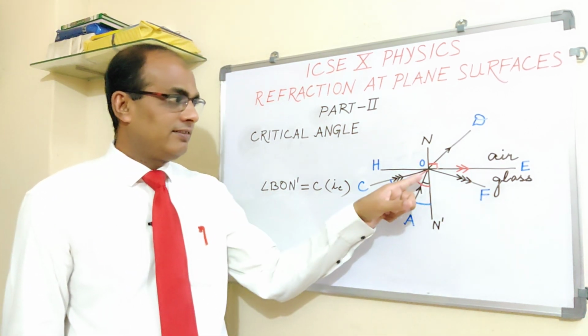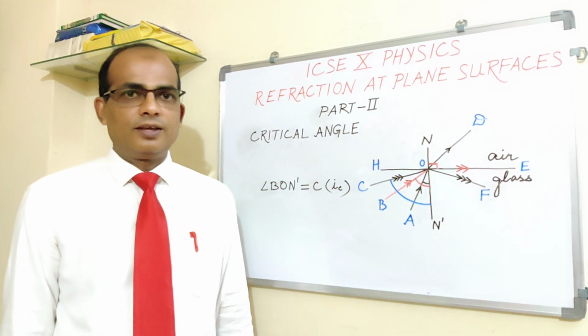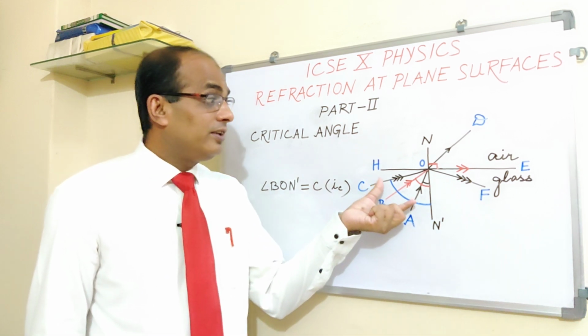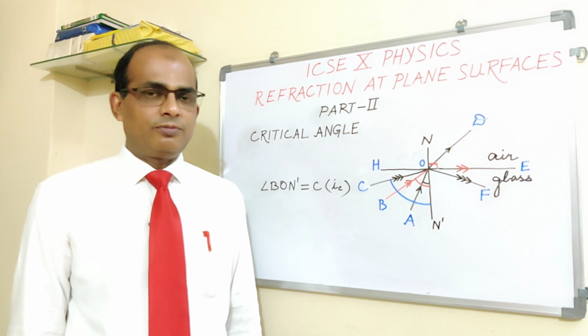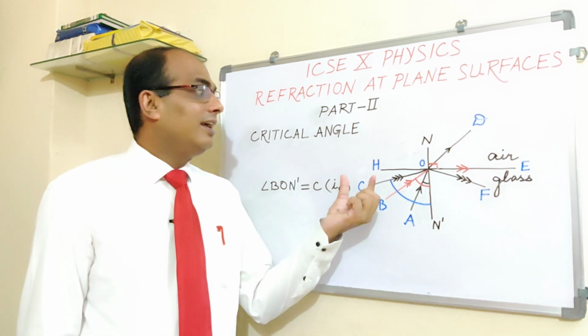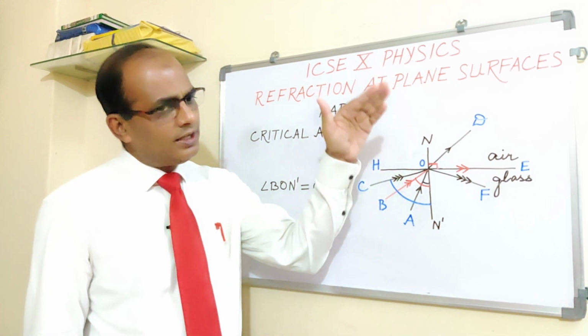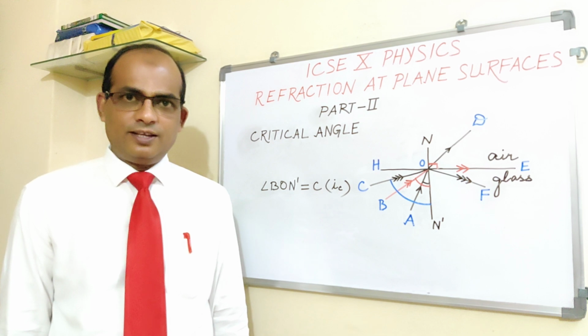OF, the ray of light is getting reflected along OF. So can we say that because the angle of incidence in the denser medium is more than the critical angle for the given pair of media, the ray of light is totally internally reflected back? Yes.